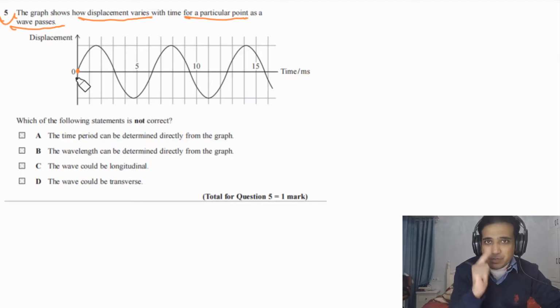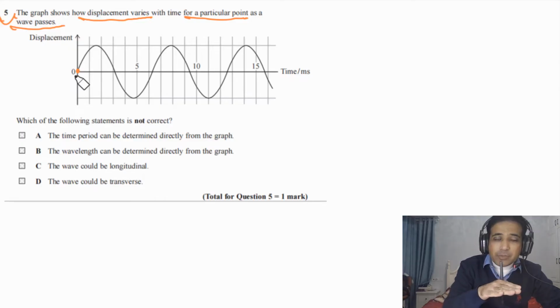So if I'm looking at this particle all the time, I will see the displacement increasing, then decreasing, becoming negative and increasing in magnitude, then decreasing in magnitude, again and again.